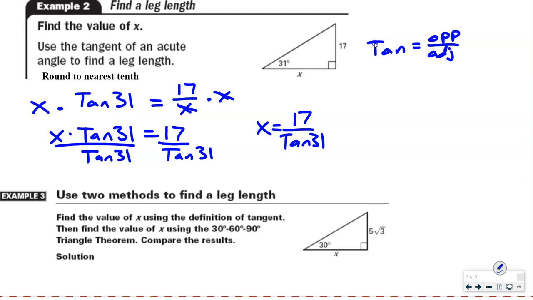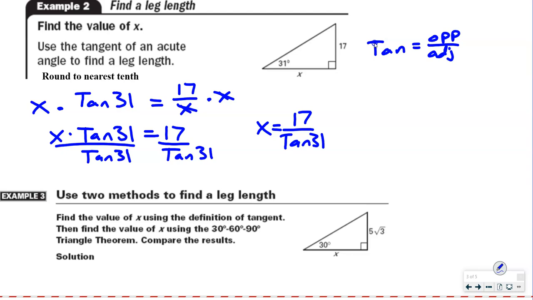Now I can punch that directly into my calculator. If you've got a scientific calculator, or even the graphing calculators, you can punch in 17 divided by, and there will be a tan button, T-A-N. You punch in that tan button, and then whatever the angle is. So in this case, 31.